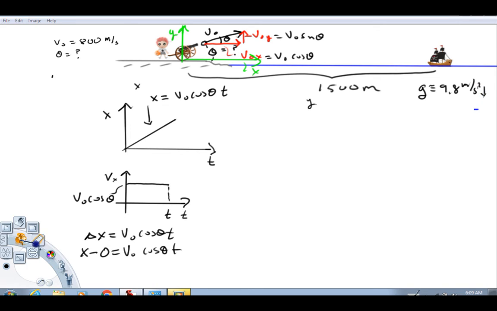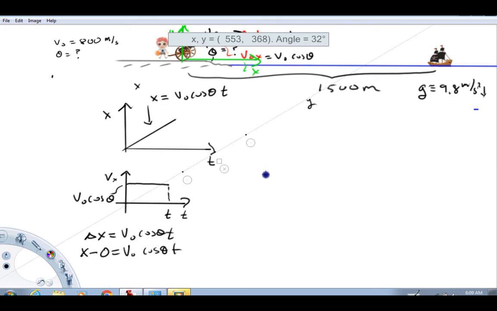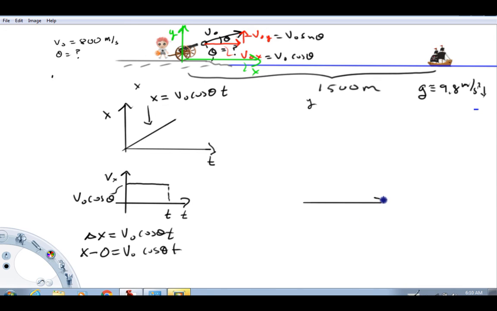So when we draw our velocity graph for the y direction against time, taking note of the fact that this is a constant acceleration problem if we ignore air drag, then here's what this graph is going to look like.